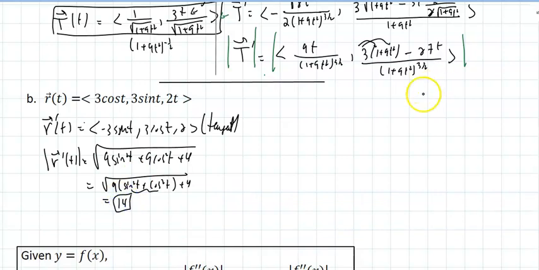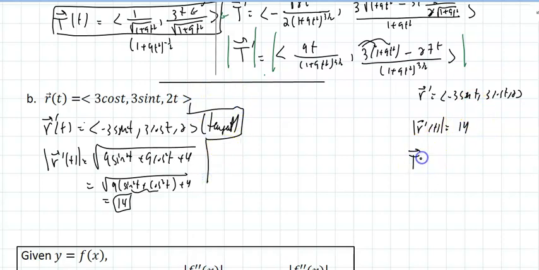So let me go on the side and say, look, r prime is negative 3 the sine of t, 3 cosine of t, and a 2. The magnitude of r prime is radical 14. So out of those two, this is what I know.